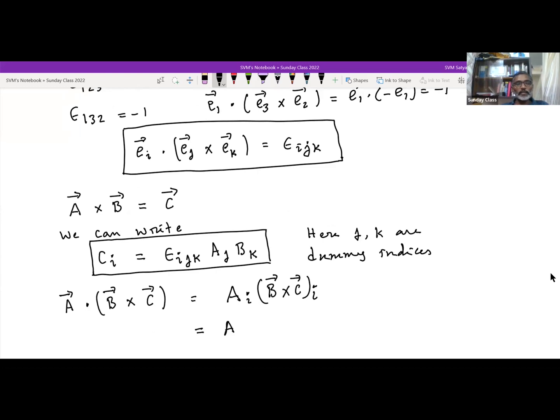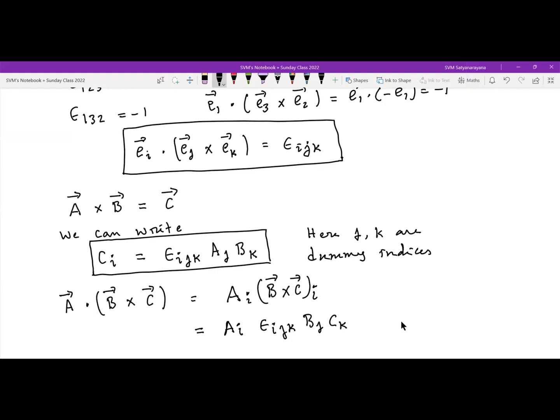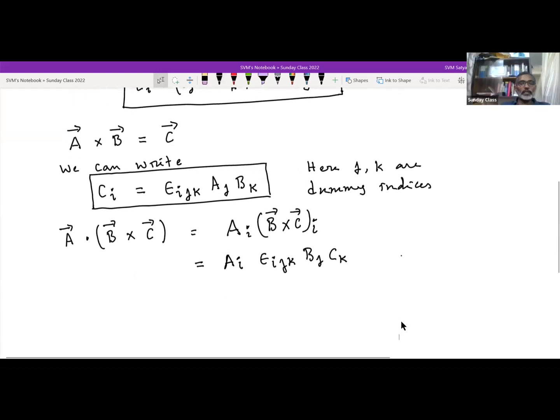That is Ai into epsilon ijk Bj Ck. So here there is no free index. I could write this as epsilon ijk Ai Bj Ck. So i, j, k are all dummy here.